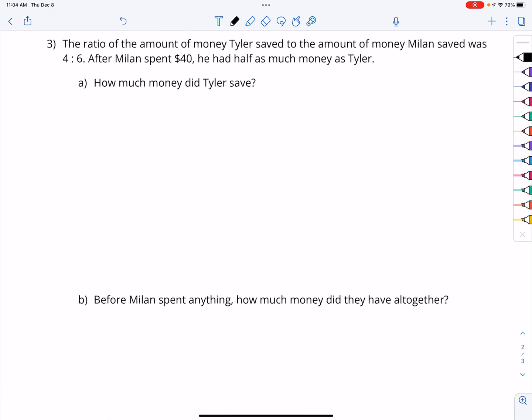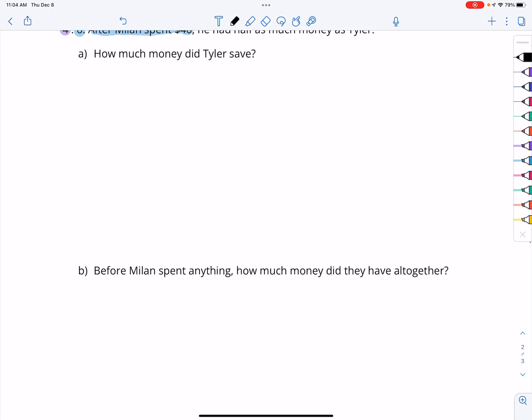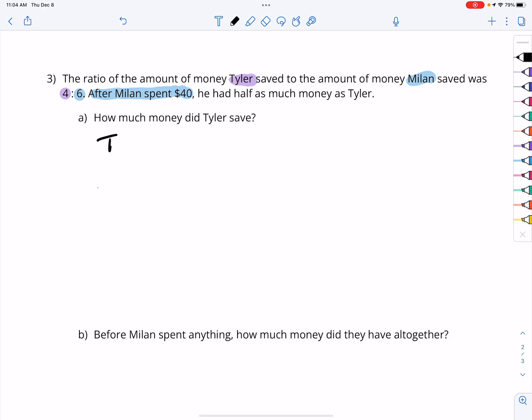Awesome. The ratio of the amount of money Tyler saved to the amount of money Millen saved was 4 to 6. After Millen spent $40, so the amount that Millen spends is going to change, he had half as much money as Tyler. I'm going to quickly show this. We have Tyler and Millen.